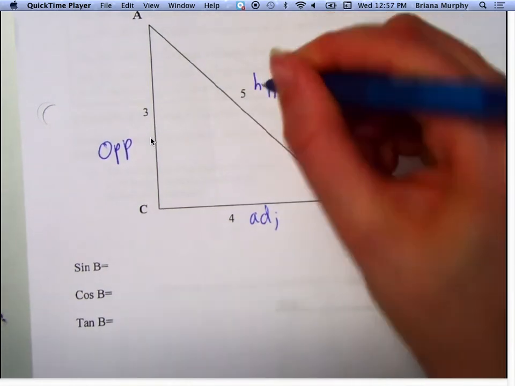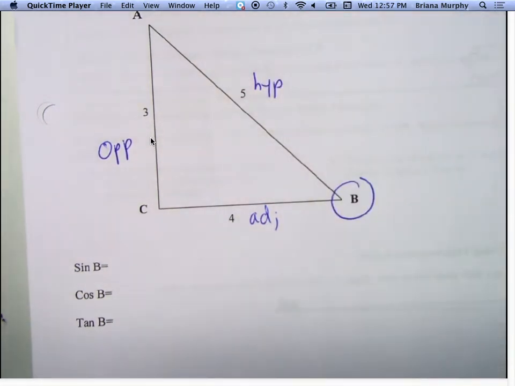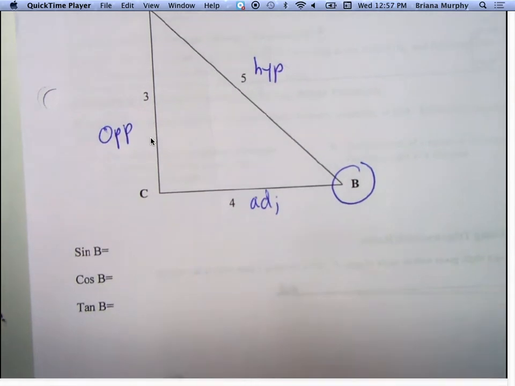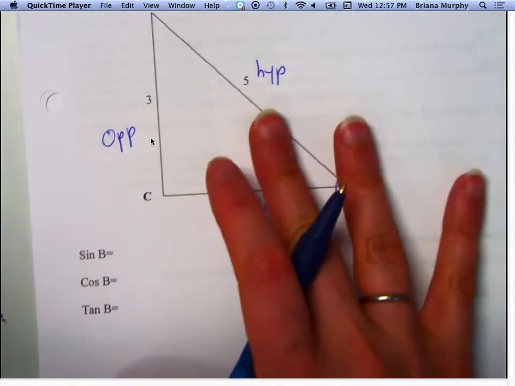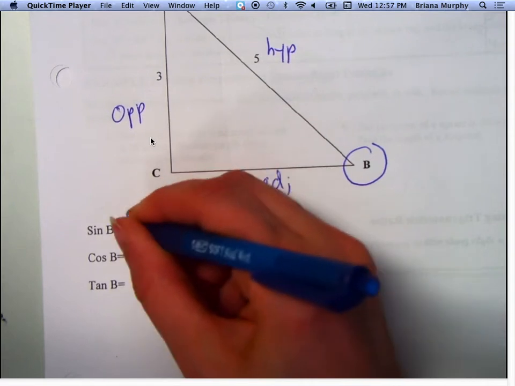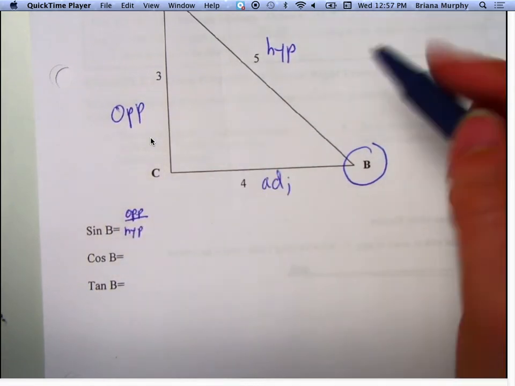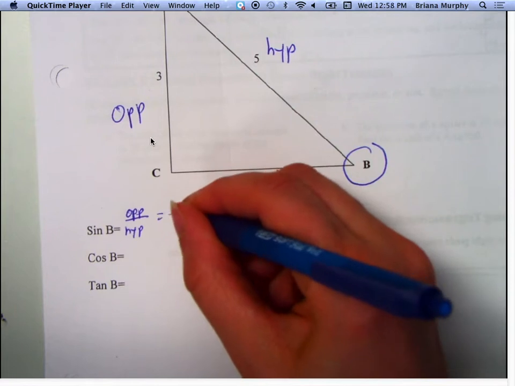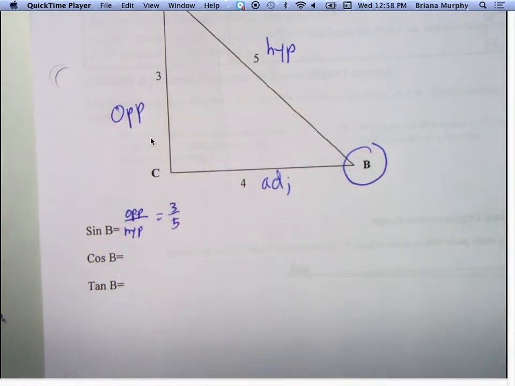Okay. My students who didn't have geometry last year, you guys doing okay with this? Okay. So we're going to look at sine. Do we remember what sine is? Opposite over hypotenuse, correct. So that would just be 3 over 5. Do we remember what cosine is?